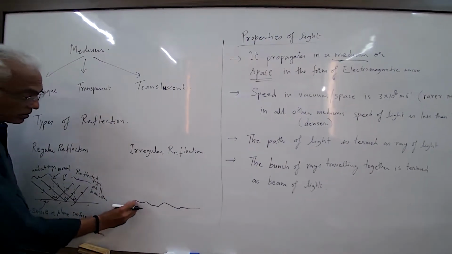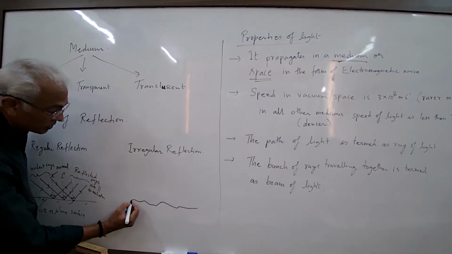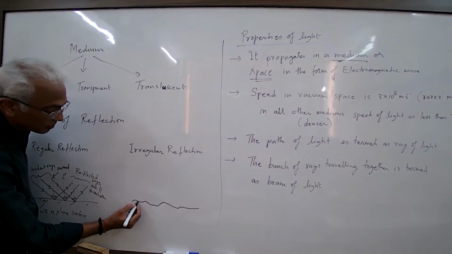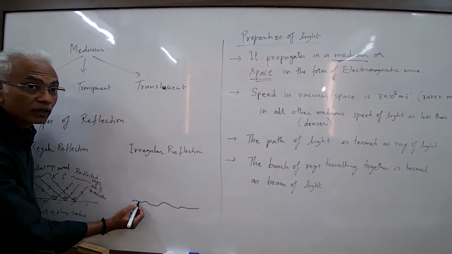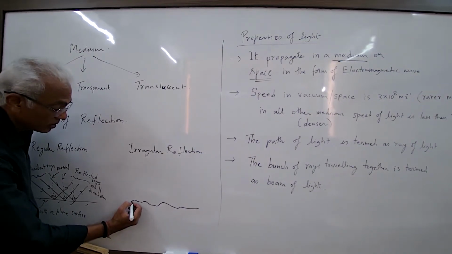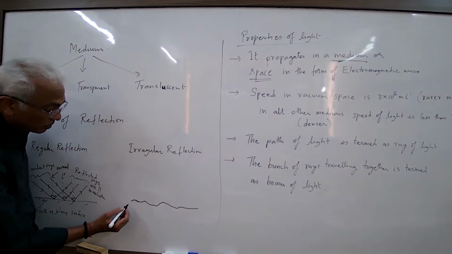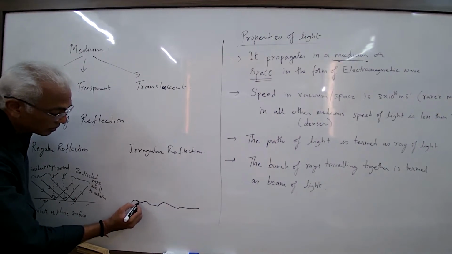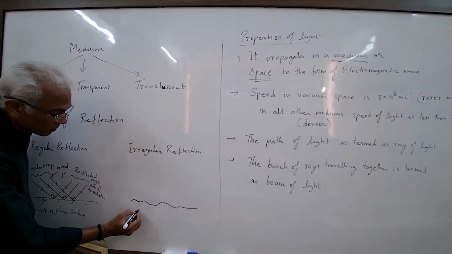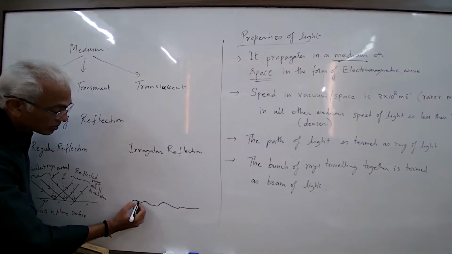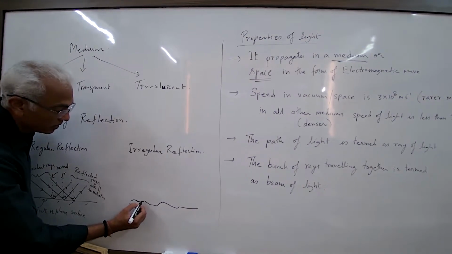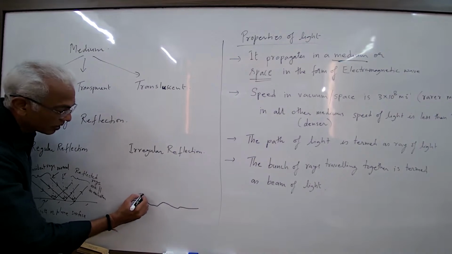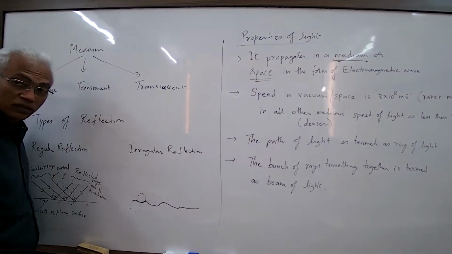So if you look at this surface carefully, you will see that it has so many curves. Unevenness. So it has curves, right? So you can imagine this curve is a part of some circle. Every curve, every irregularity can be imagined to be part of some circle.